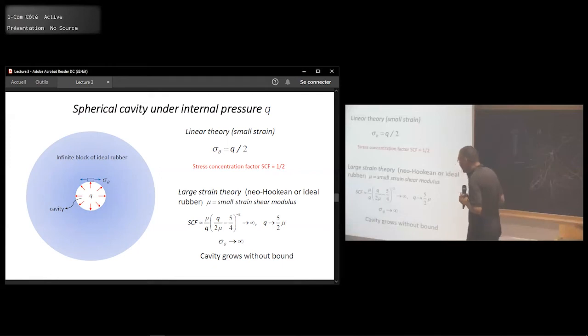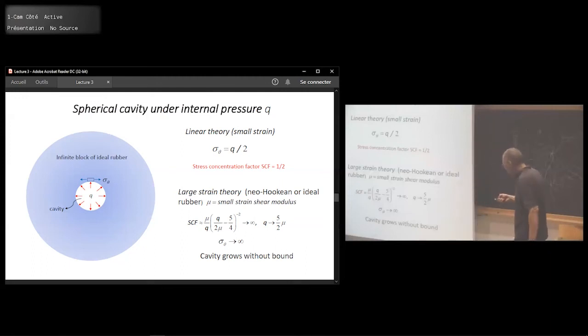This is for an incompressible material. The hoop stress blows up, and the hoop strain also blows up. In the literature, it was said that the cavity therefore can grow spontaneously if you apply too big a pressure. Of course, this assumes that the material is Neo-Hookean.